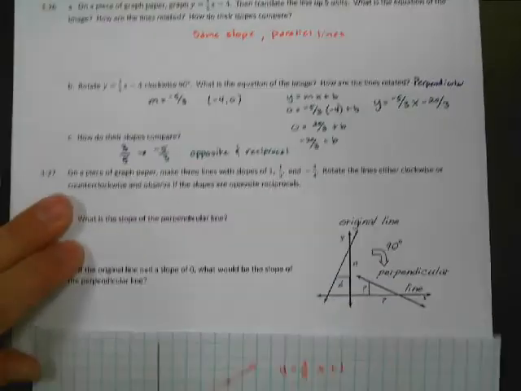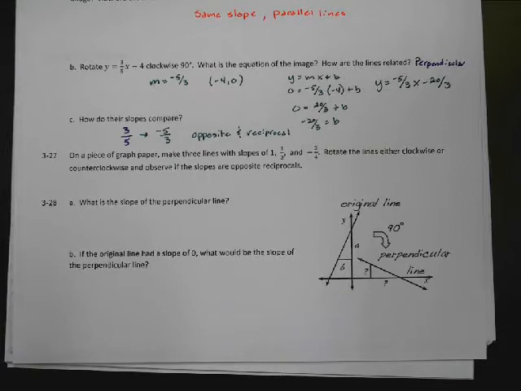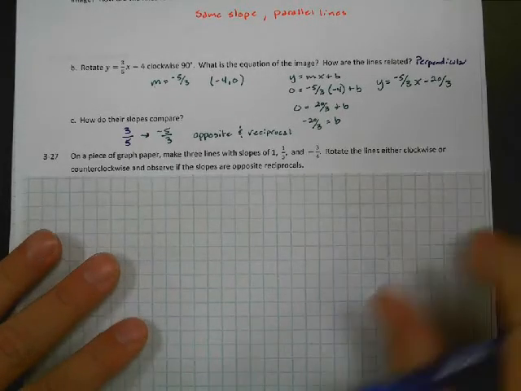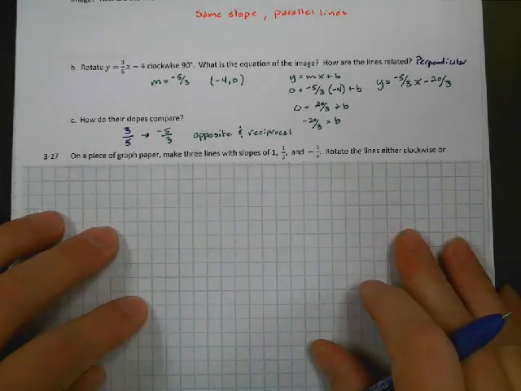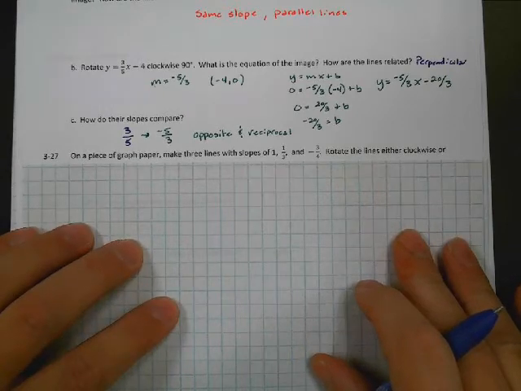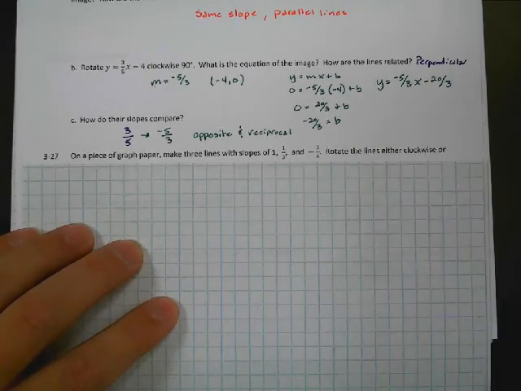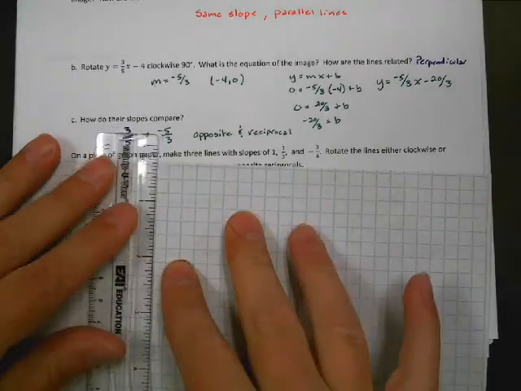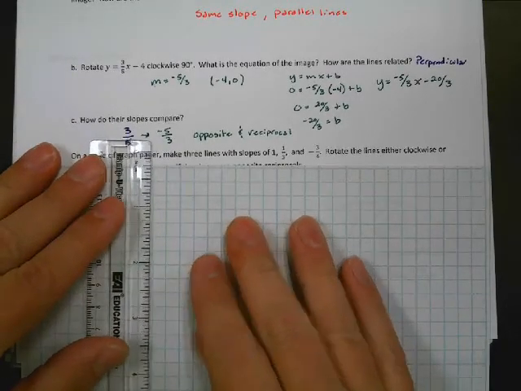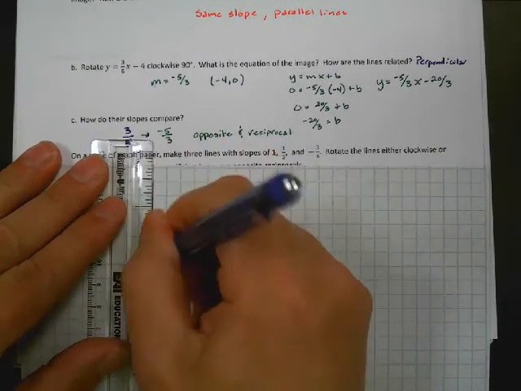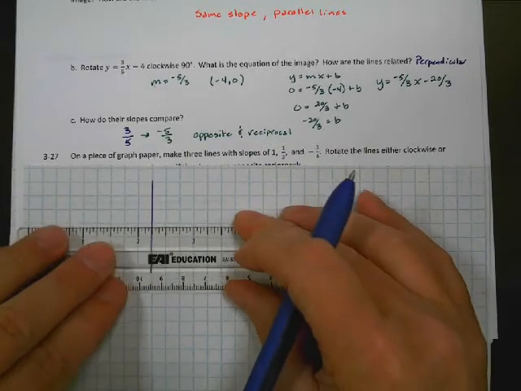All right, moving on. It says on a piece of graph paper, again, really? It says make 3 lines with slopes of 1, 1/3, -3/4. Let's just do 2 of them. That just seems excessive. So I'm going to make a graph here.